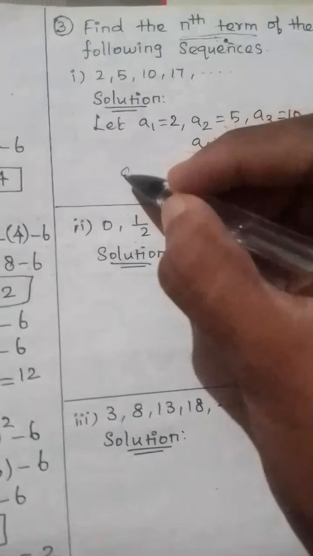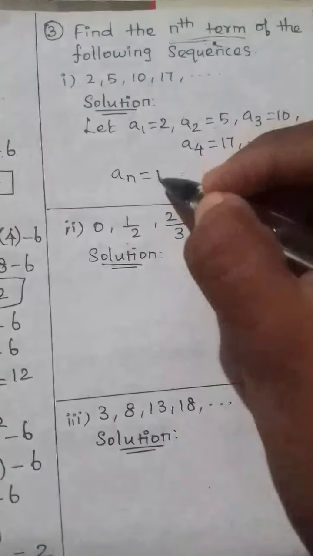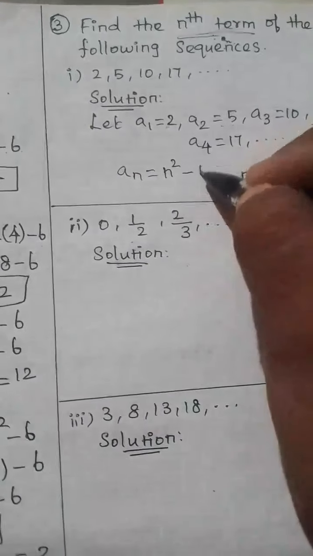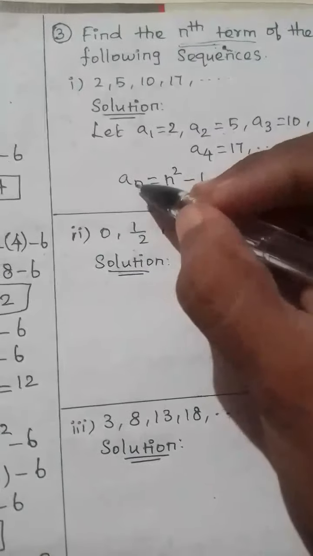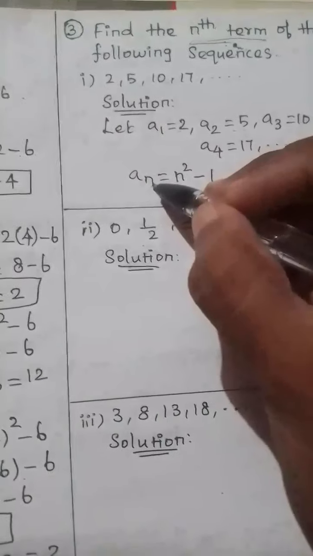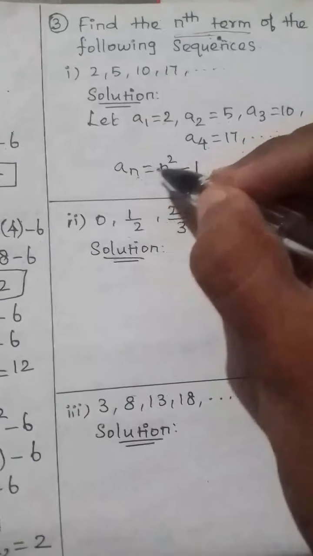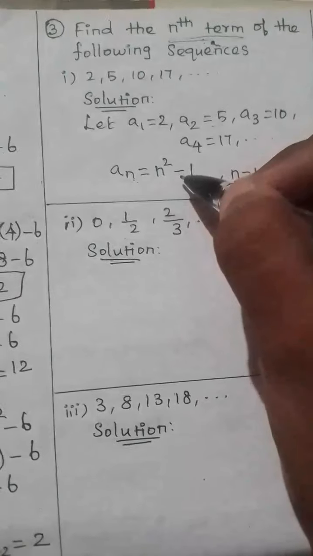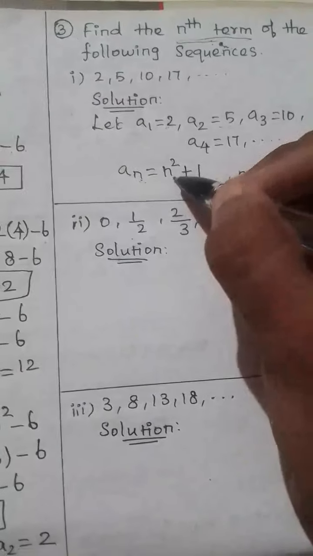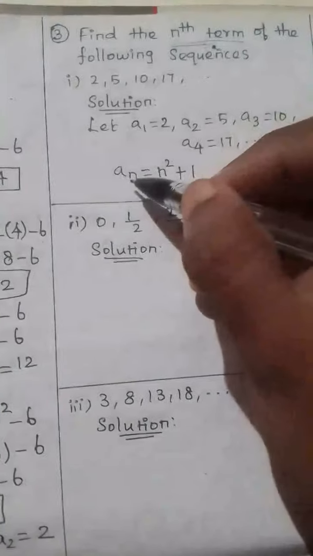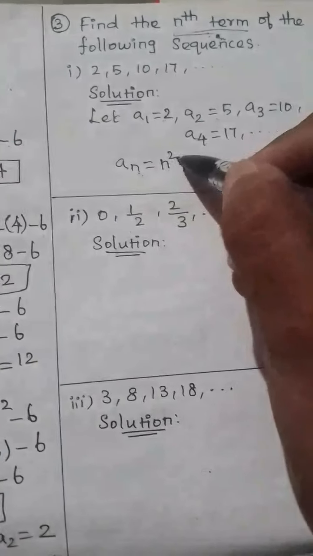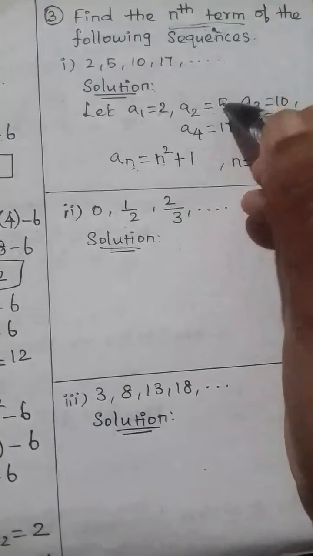That means an equal to n squared plus 1. So for the first term, substitute n equal to 1. So a1 equal to 1 squared plus 1, so 1 plus 1 is 2. Next a2 means 2 squared plus 1, 4 plus 1, 5.